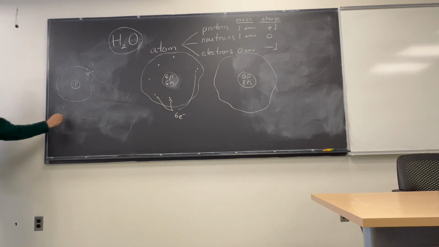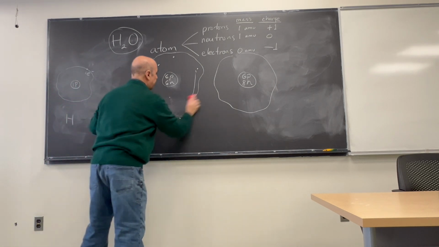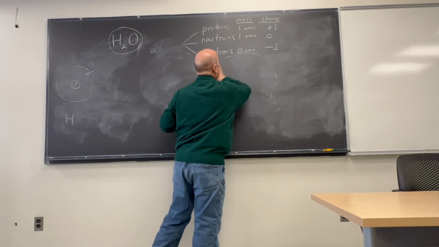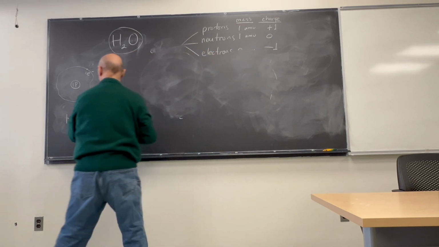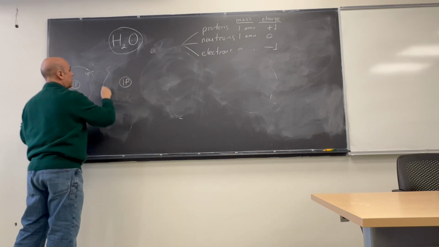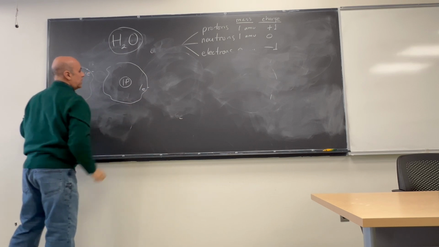So that's hydrogen. Now, if you imagine 2 hydrogens, the second hydrogen would be identical to the first. So you have this core, and then this 1 electron.